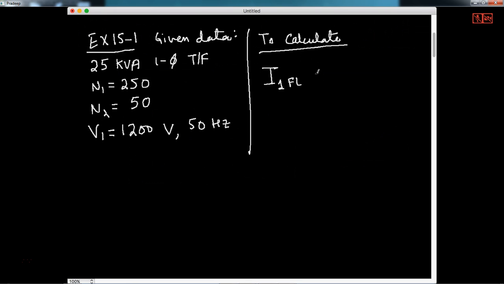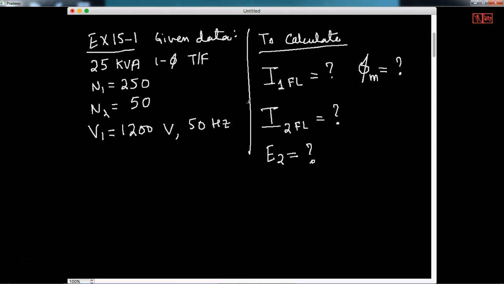Similarly, calculate secondary current I2 at full load. And then we also have to calculate the EMF induced in the secondary, E2. And finally, we have to calculate maximum flux in the core. So these are the four things we need to calculate.